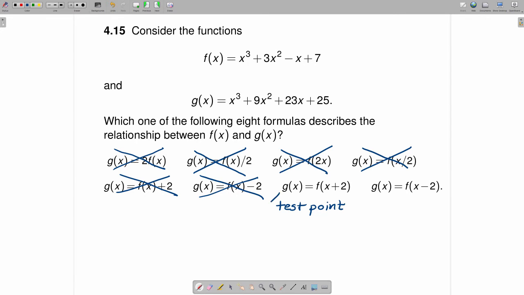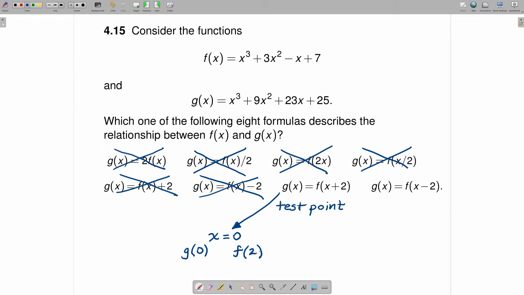So for this particular relationship right here, I might try the test point x equals 0. I pick something easy. And so what I want to do is calculate g of 0. That's what you get here for x equals 0. And I also want to calculate f of x plus 2, which in this case is f of 0 plus 2, or f of 2.